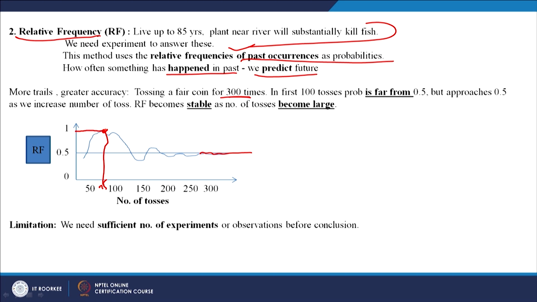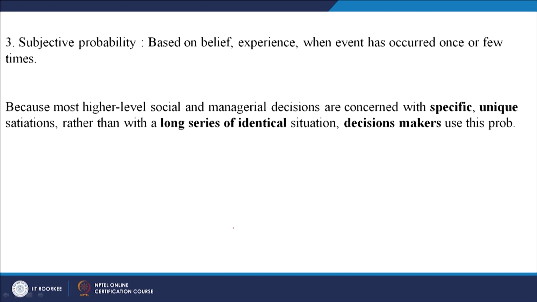It is near 0.8, is not it? But as you increase the number of trials, this curve becomes stable. So, relative frequency becomes stable as the number of tosses becomes large. But the limitation of this type of probability approach is that you need to perform a sufficient number of experiments before getting an answer. So, this is the relative frequency approach to probability.